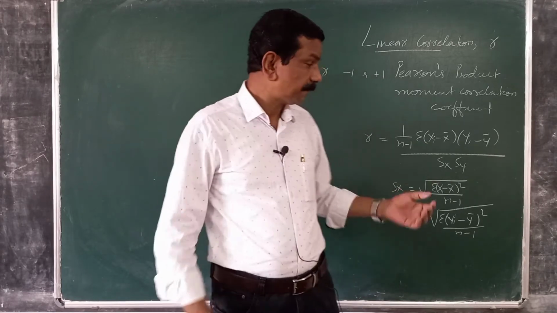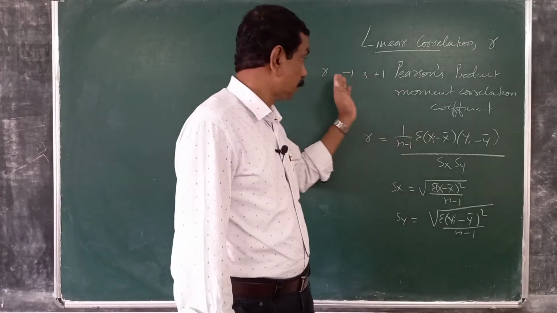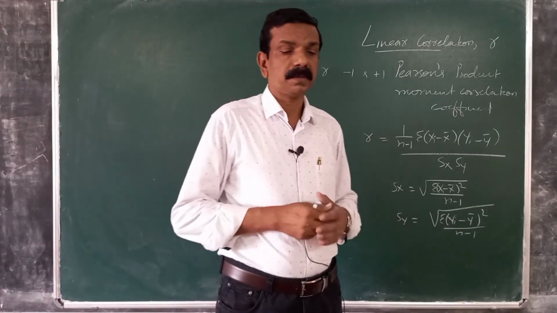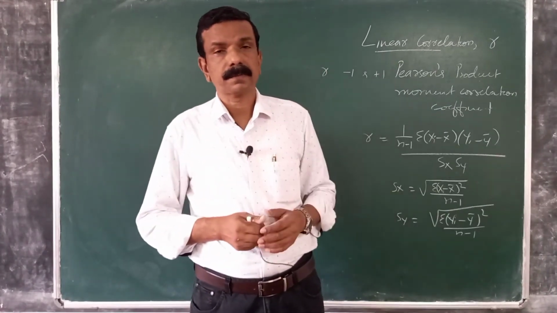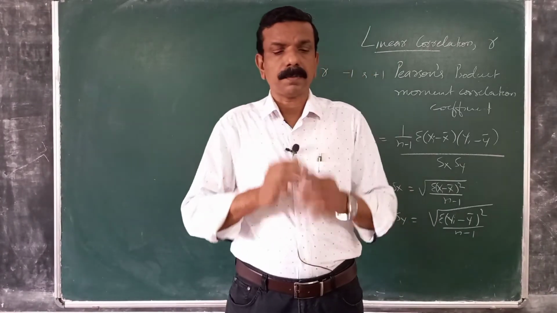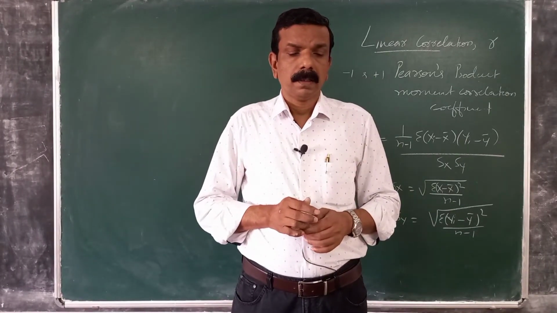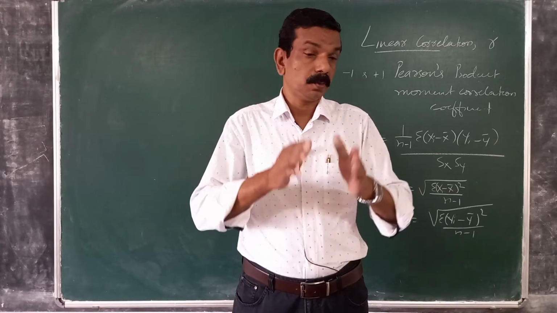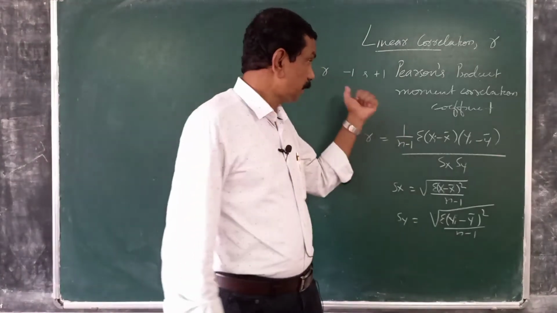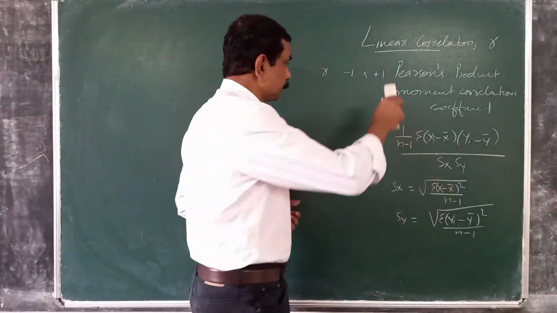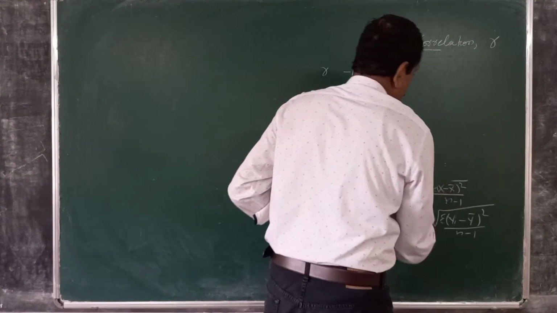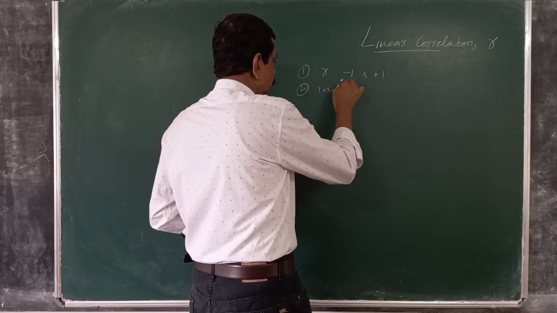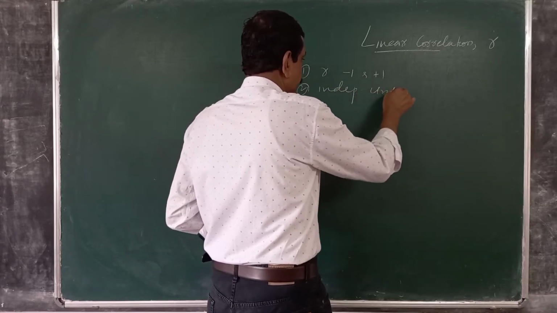Now let us see what the properties are. As I said, R is independent of the unit of measurement and always lies between minus 1 and plus 1.